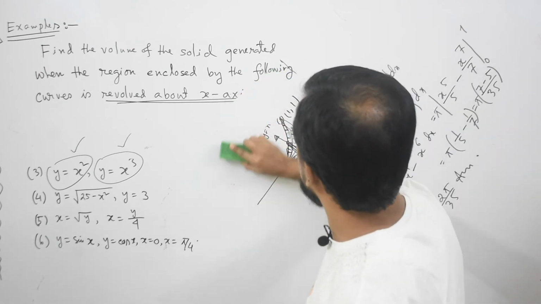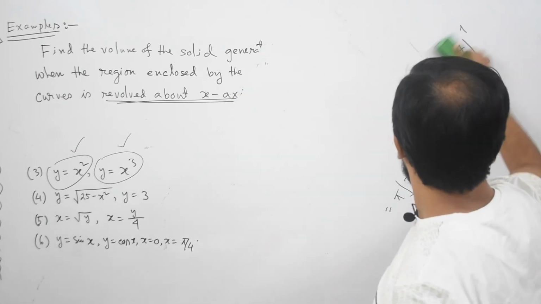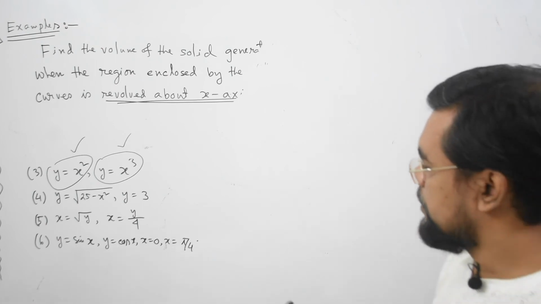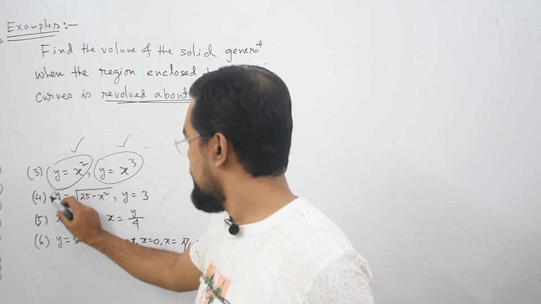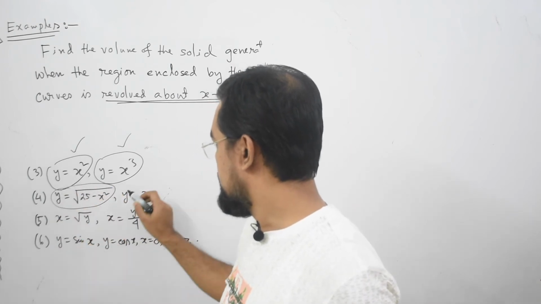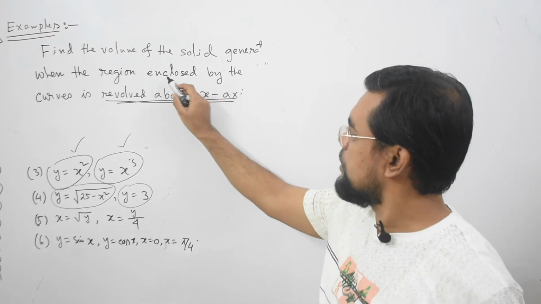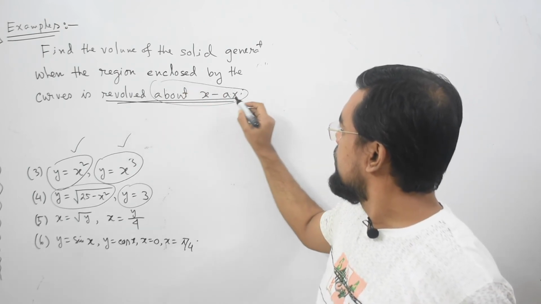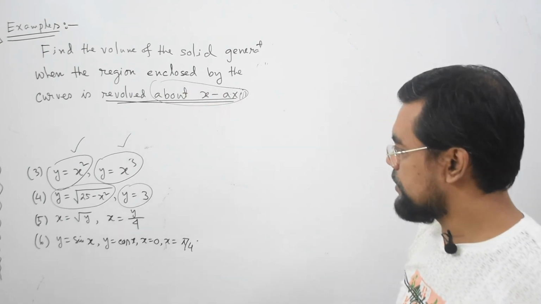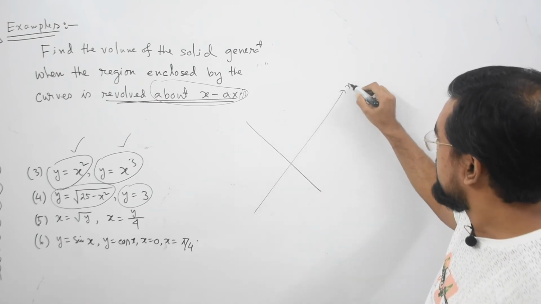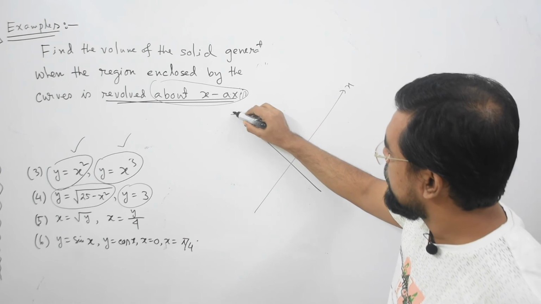Here we have also two curves, y equal to root of 25 minus x square and y equal to 3, and we need to revolve it about the x-axis. So first let us sketch the graph, x-axis and y-axis.